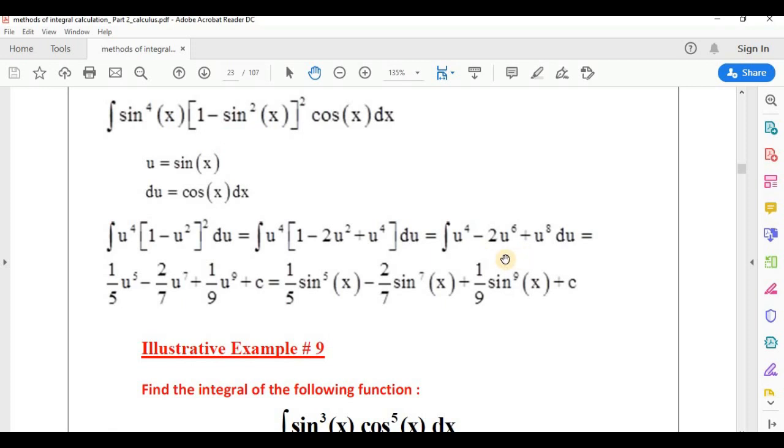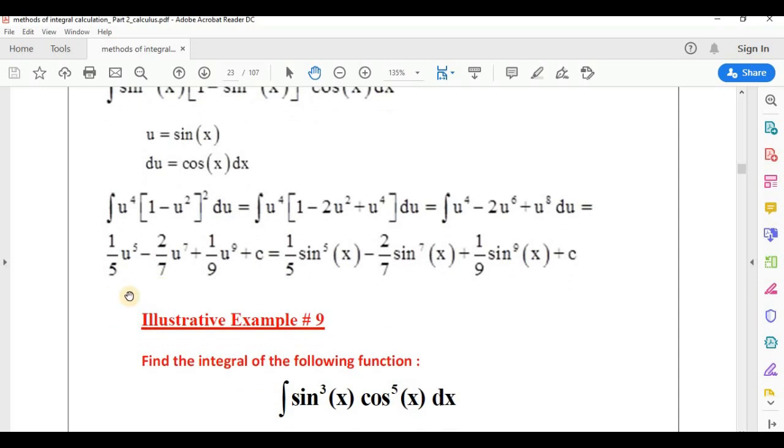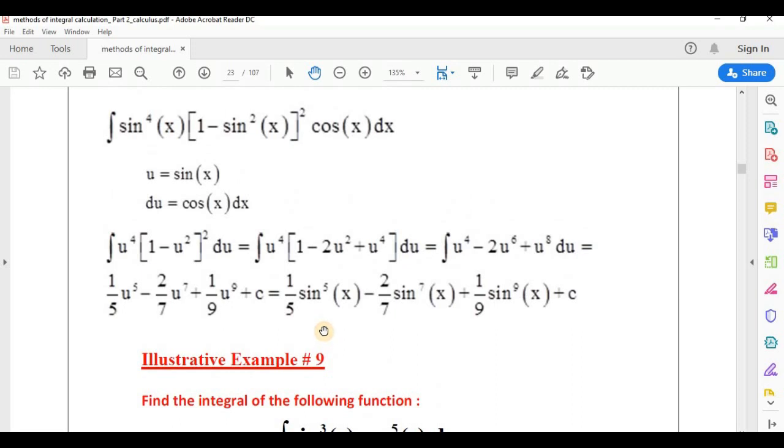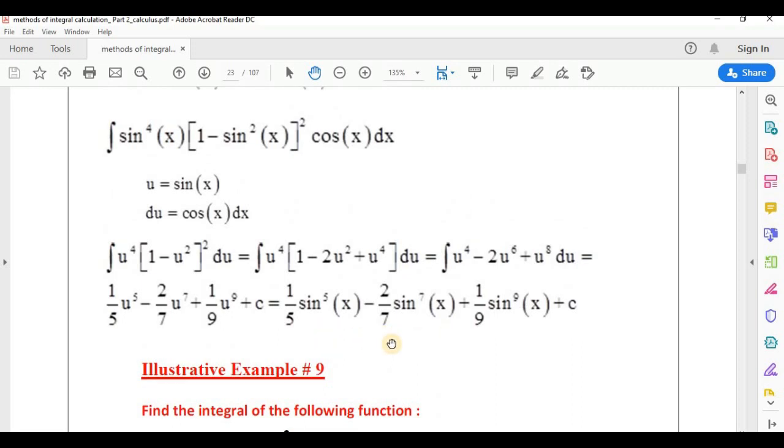Now the integral in this case becomes easy to solve. We just increase 1 in the exponent and divide by the new exponent. And we will get the value of this integral in terms of u. The last step, we will substitute the value of u to put the integral in terms of x. And finally, we will get the final result of this integral.